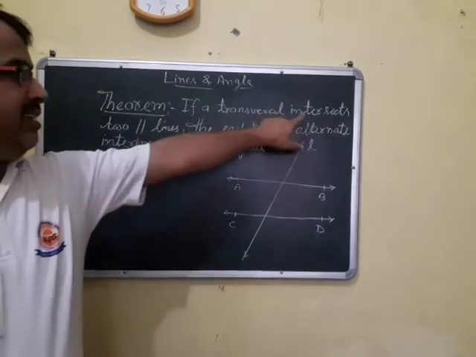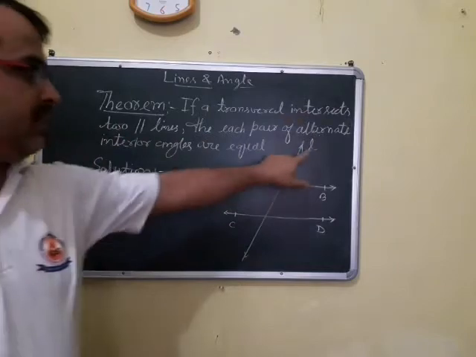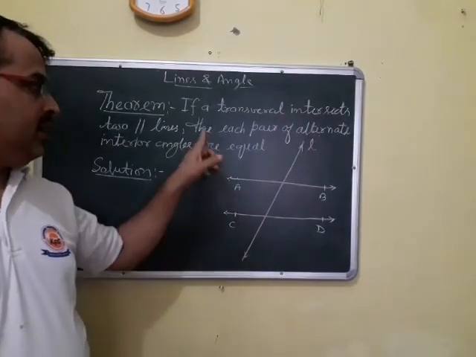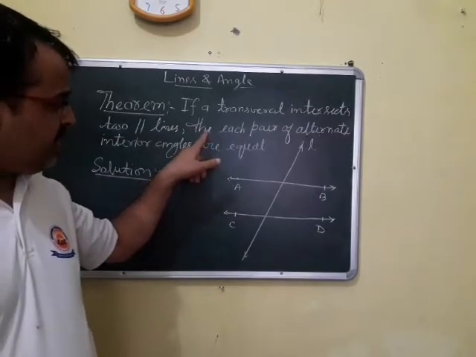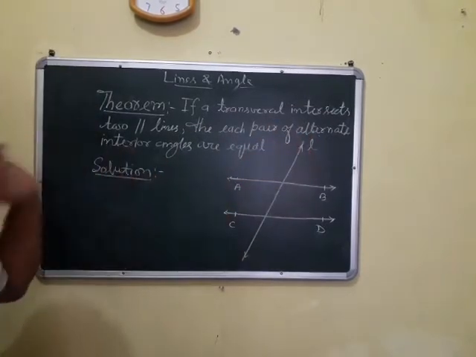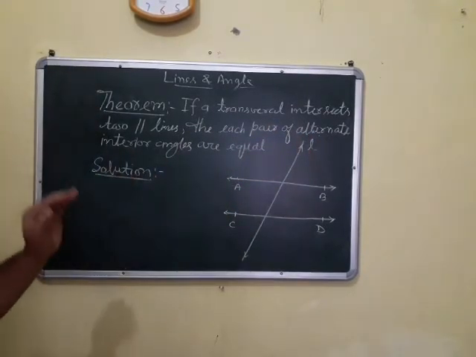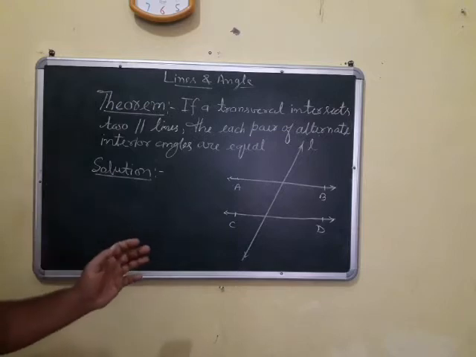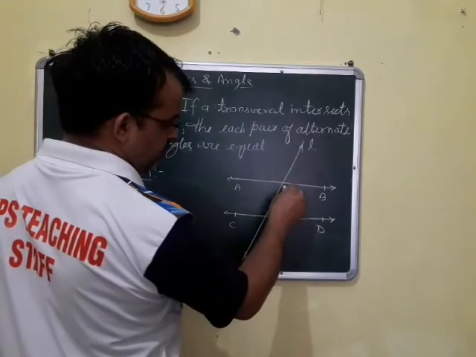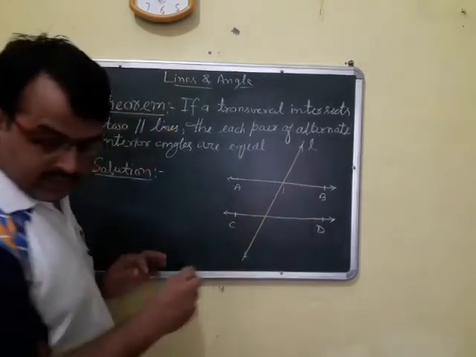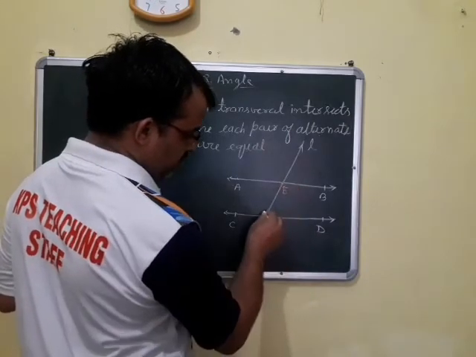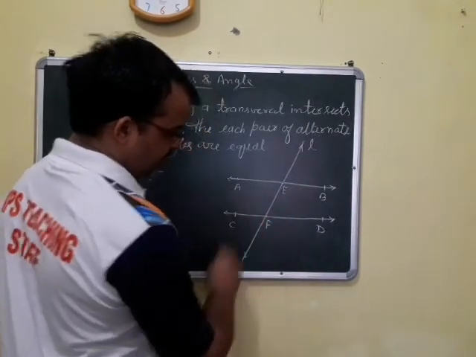If a transversal intersects two parallel lines, so L is a transversal line, AB and CD are parallel lines, then क्या कह रहे हैं आपसे, each pair of alternate interior angles. Let this point be E, and this point be F.